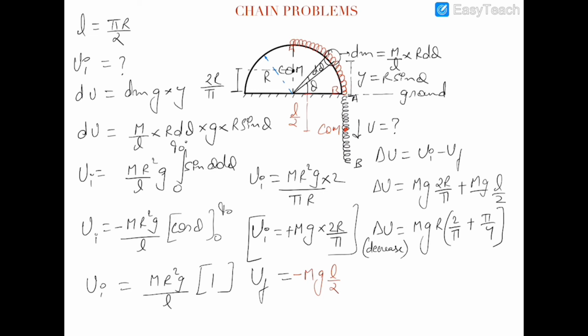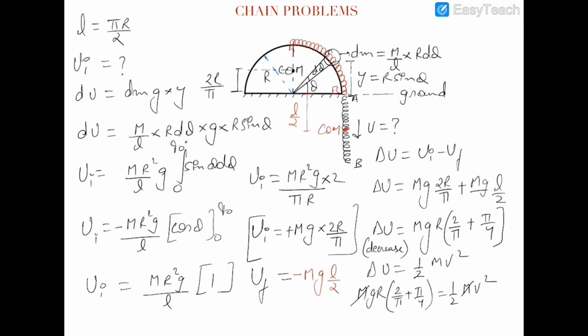Therefore delta U will be equal to half mv square, mgr into 2 by pi plus pi by 4 is equal to half mv square, cancelling m with m.